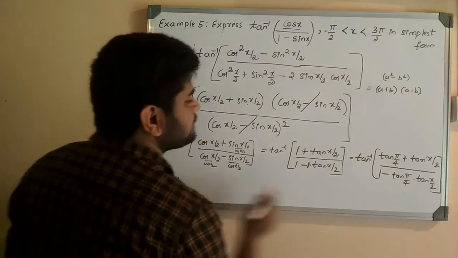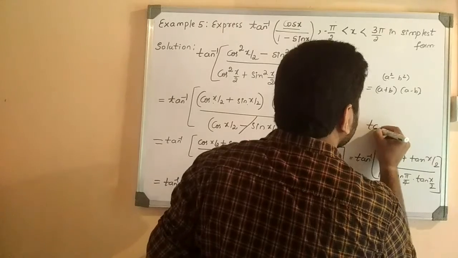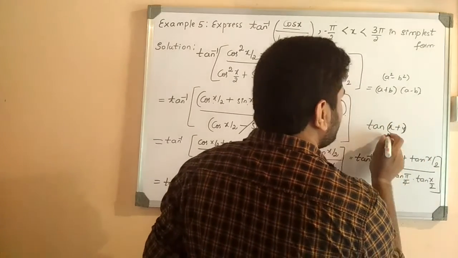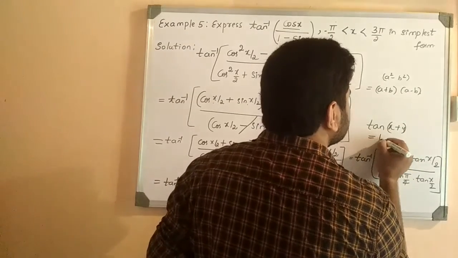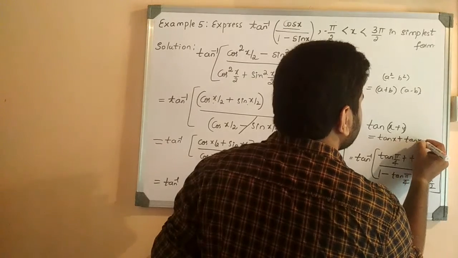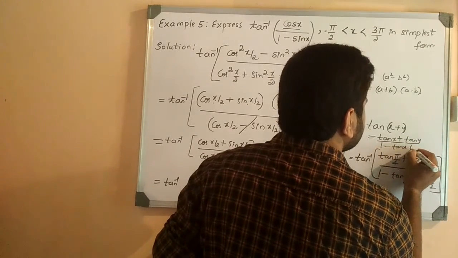So this is actually formula of tan of x plus y. Actually tan of x plus y is equal to tan x plus tan y by 1 minus tan x into tan y.